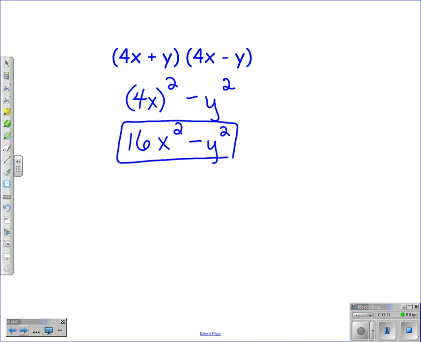There is no middle term because if you are foiling this, these two terms, the inside and the outside, drop out. And all we're left with is our first terms being multiplied together and our last terms being multiplied together. Could you use FOIL to check these?